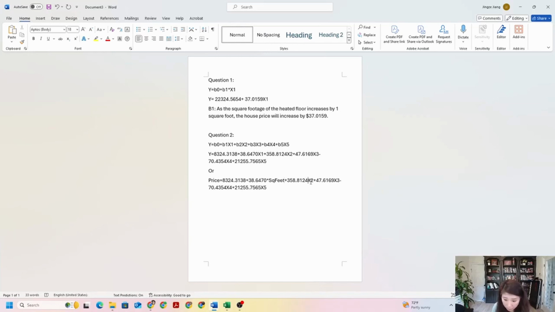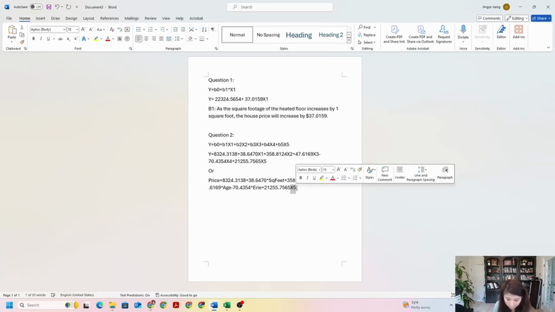My x2 is bedroom. x3 is age. x4 is the dummy variable indicating whether the house is located in Erie or not.